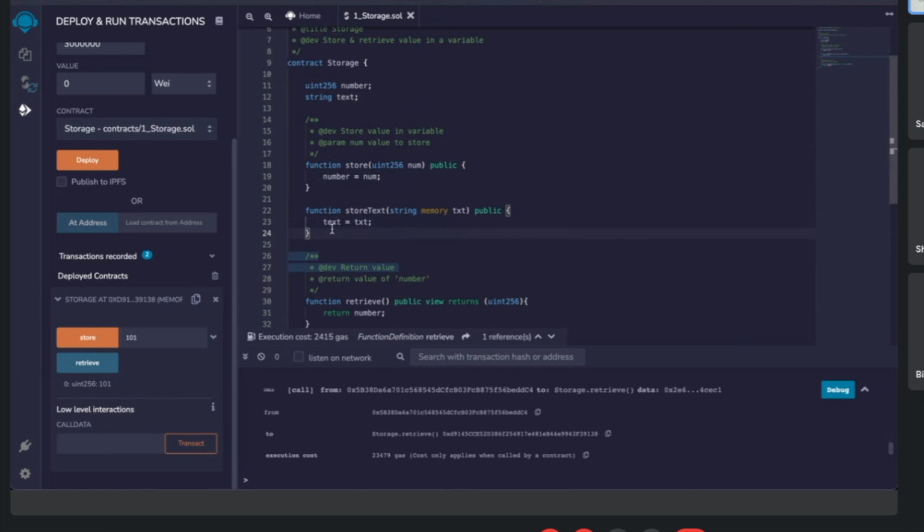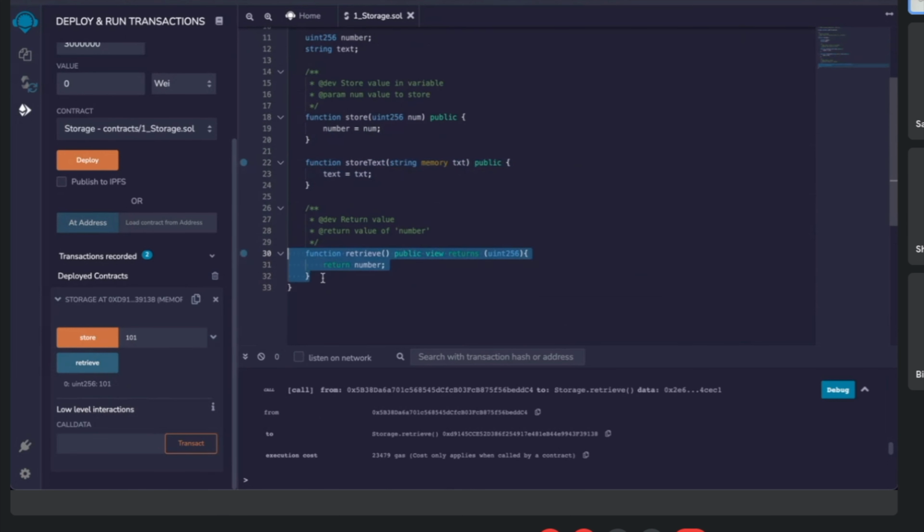So this is a function that will persist some string and assign this string from executing this function in this smart contract and store it in the smart contract, and let's implement retrieve text. We need to return a string.